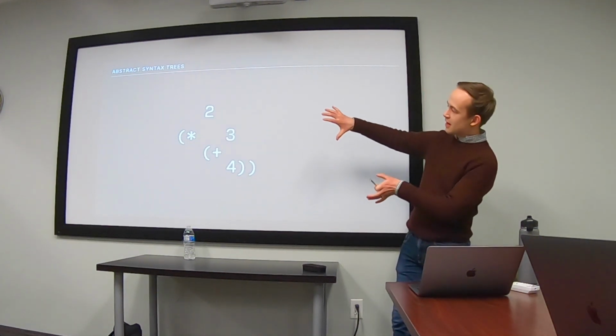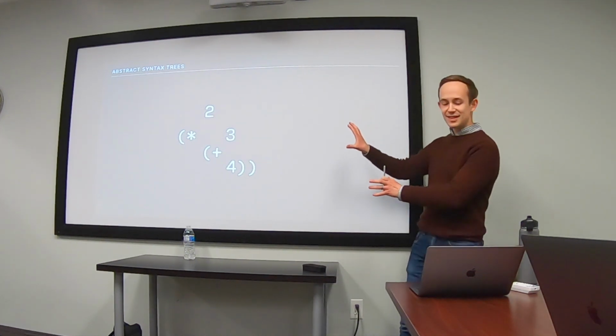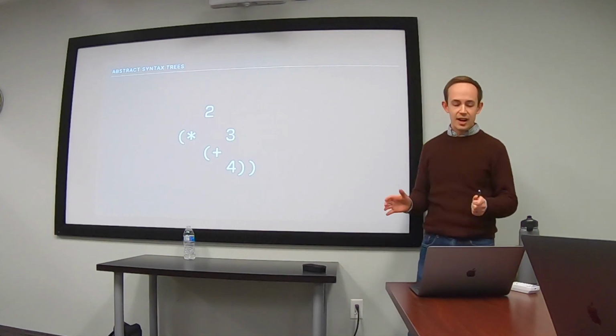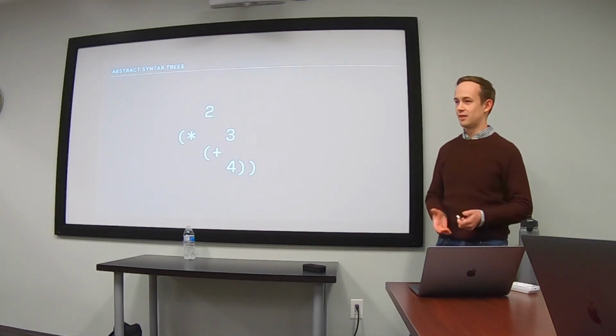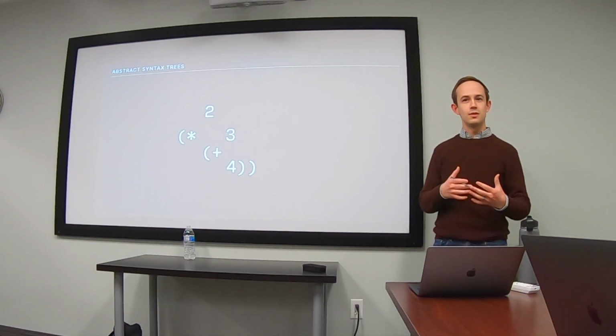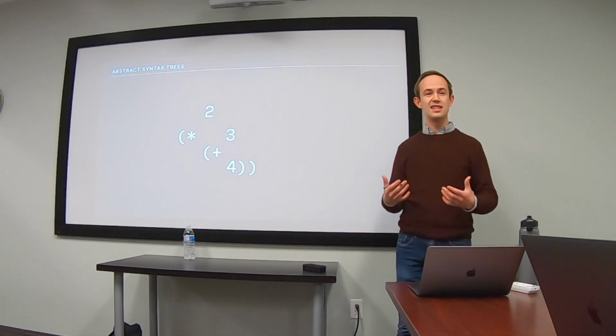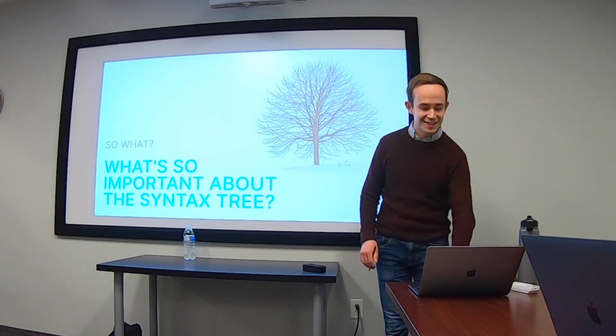Okay, now if you can rotate that 90 degrees, I couldn't figure out how to do that animation, but if you can rotate that 90 degrees, you'll get a tree. Lisp is actually written in its syntax tree. And what that means is because the source code is so close to its tree, you can operate on the source code as a high-level nested data structure rather than just a dumb string of tokens. That's why we care about the syntax tree.